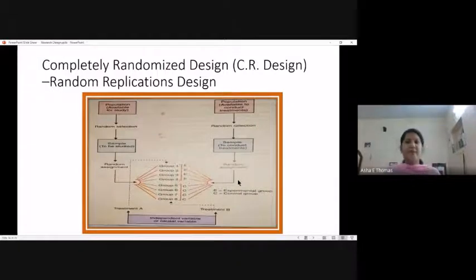In our case, there were two extraneous factors which we identified: one is the IQ level of the student, and two is the quality of the trainer.